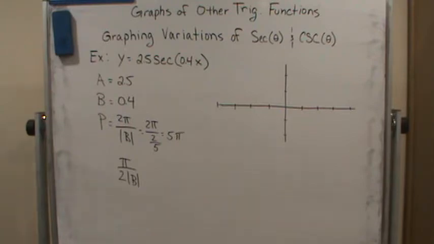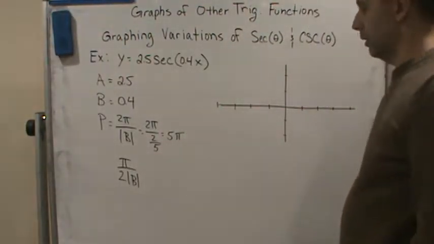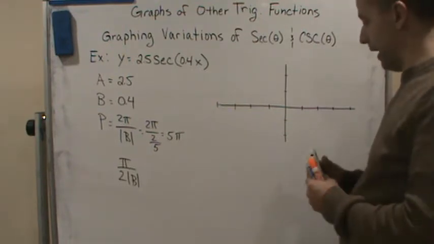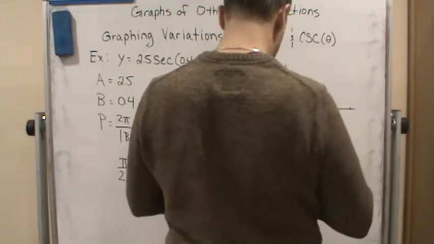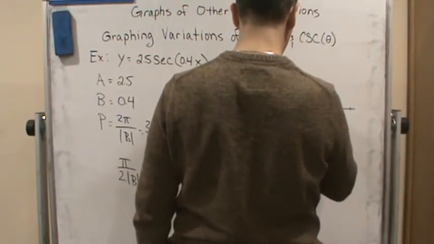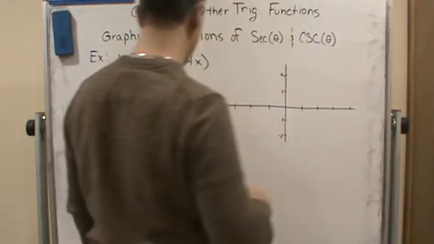So now, if we think about the cosine function, the amplitude of the cosine function is going to be 2.5. So let's say this is 1, 2, -1, -2.